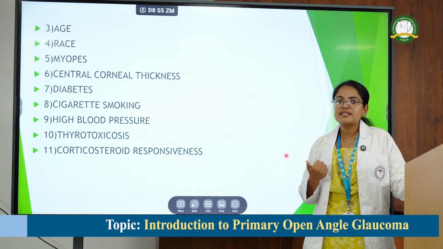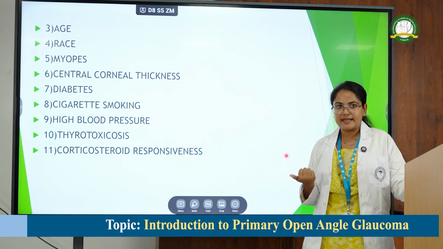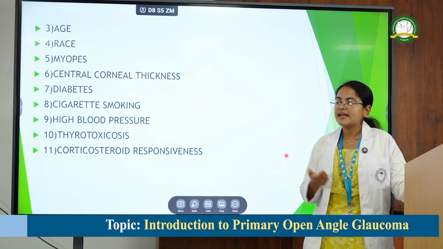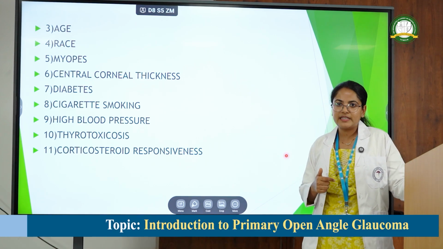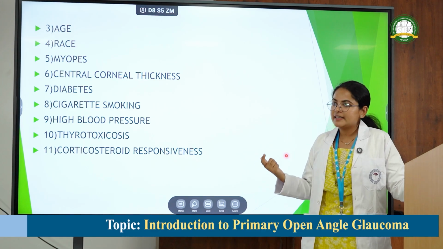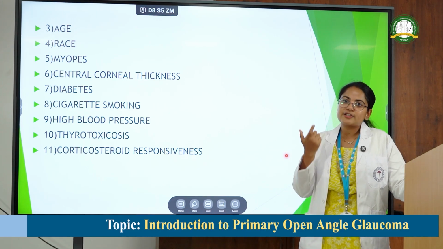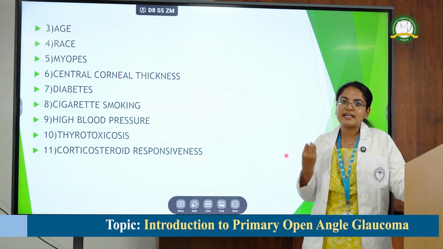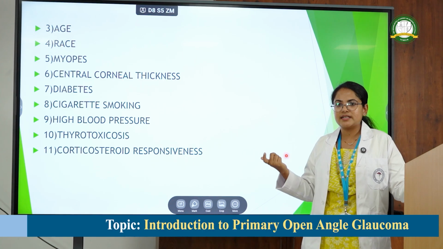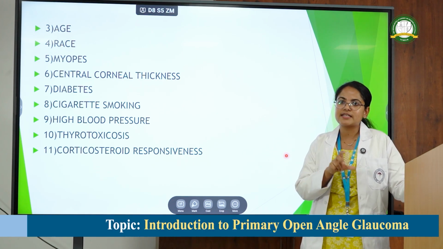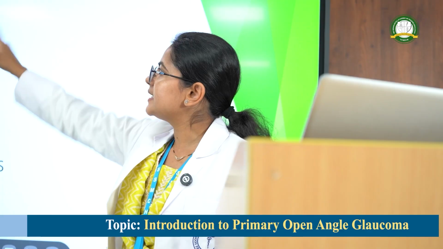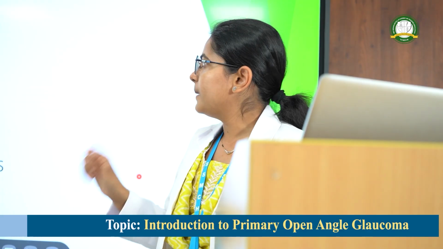Old age, above 50 years, is a high risk for developing primary open angle glaucoma. Why? Above 50 years, the extracellular matrix gets deposited with a lot of debris as age increases. That will cause greater resistance to aqueous outflow. So, there is risk of developing primary open angle glaucoma.